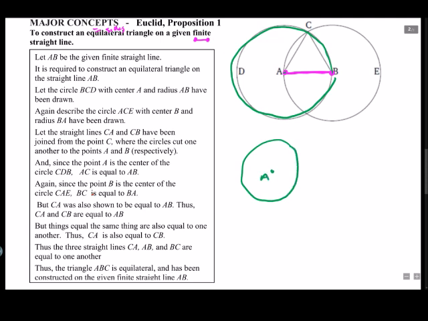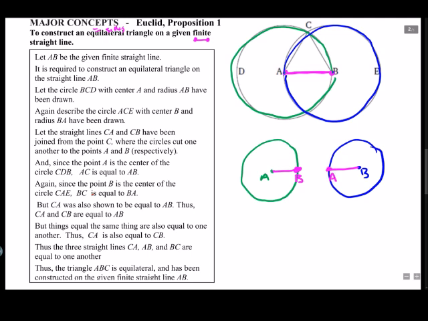Here's our circle with center A, and we know that it has radius length AB. He said, and then take circle ACE. So that's this circle right here. And it has center B. So I'm going to draw that circle right here. So there's circle B. And we know it has radius BA, of length BA.